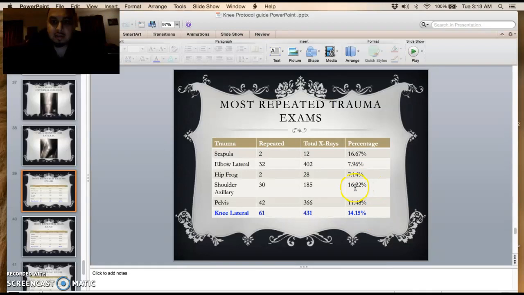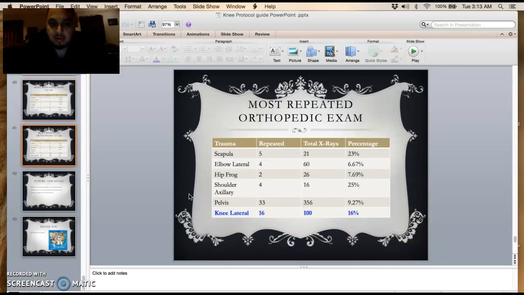Looks like the highest repeated rate was a scapula, but again, less done here. Same thing here, main exam, 2 out of 11. Most repeated orthopedic exam, 16 out of 100 in ortho versus pelvis 33. So ortho pelvises were done more.